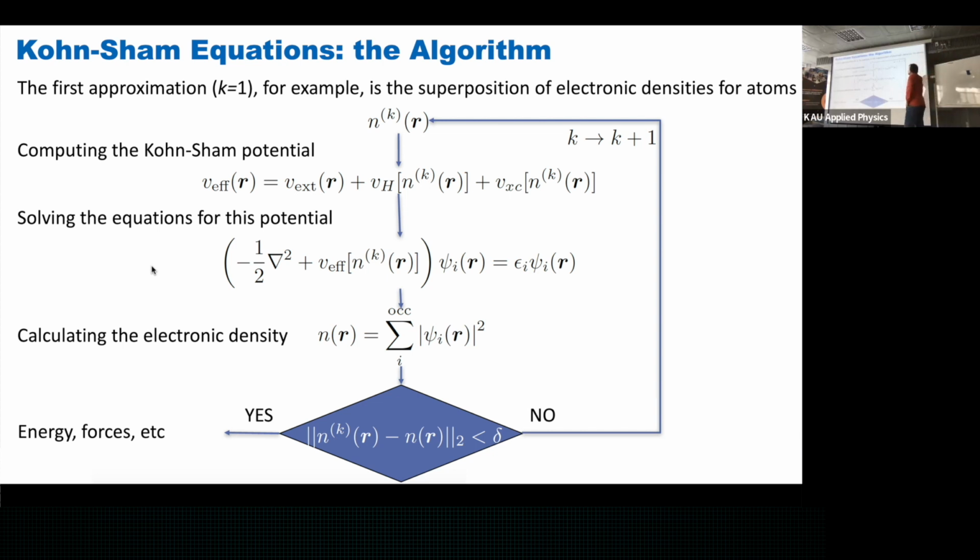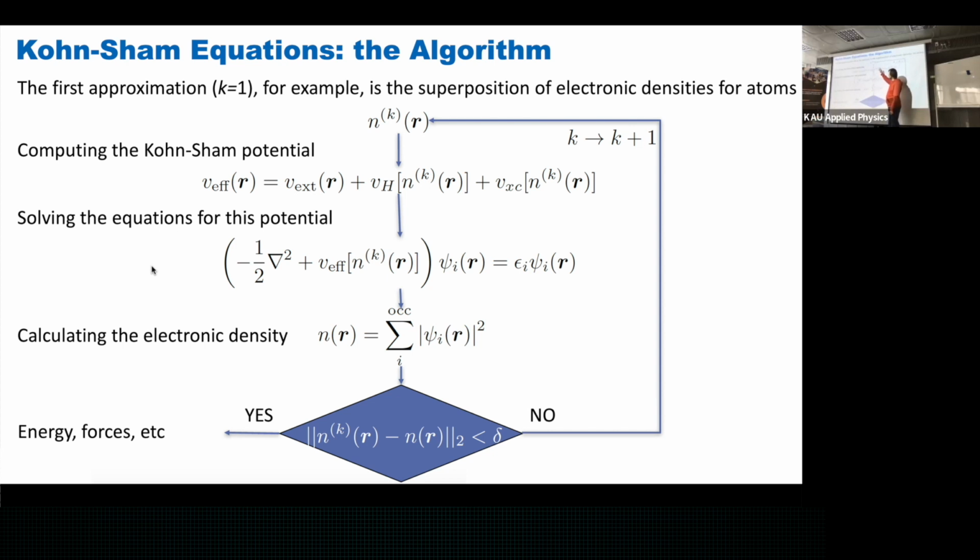It consists of this cycle. It's rather simple. We start from some guess of electron density. We can take this guess from some potentials, combine these potentials and create this electron density. It will be very rough, and it's not the solution. Then we should improve this guess by this cycle.